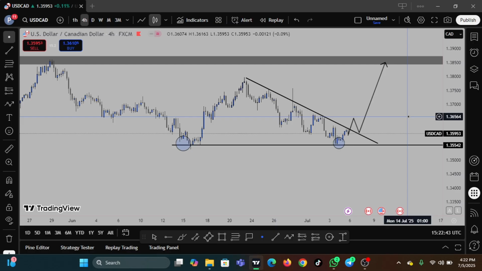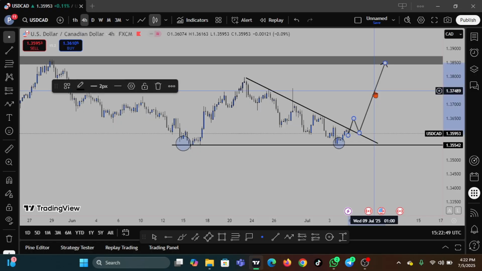This is what we need to see before we take a buy trade. But if this is not showing, then there's definitely not a buy trade. So USD CAD, on a short-term basis, we want to take a buy trade, but the long-term view for this market is bearish.